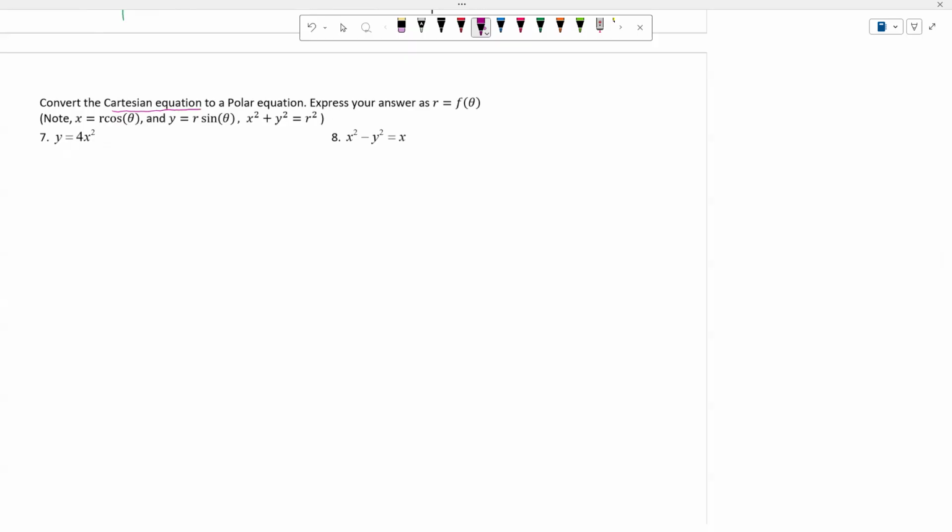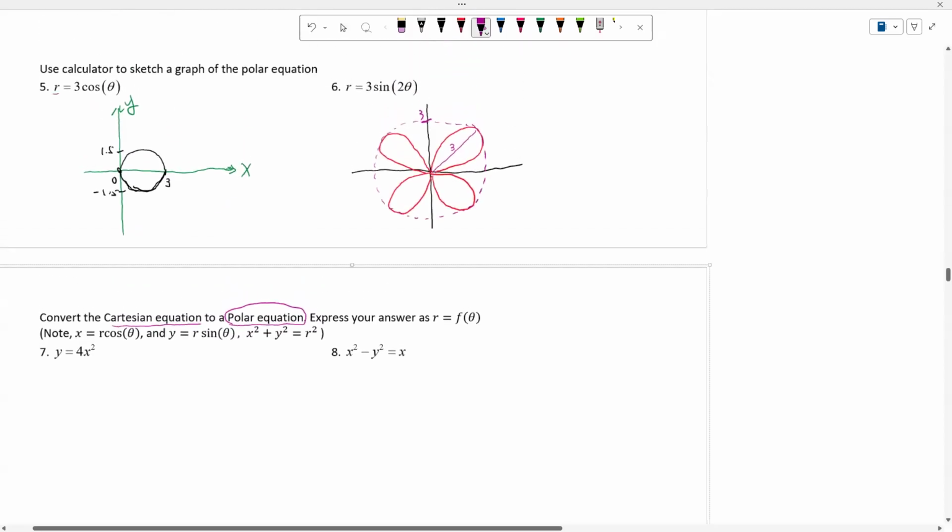Will I be able to convert it to a polar equation? The polar equation is an equation that contains only r and theta. So most of the time we would like to solve for r, to get the other side depending on only theta. So we will have r equal to f of theta, something like this.